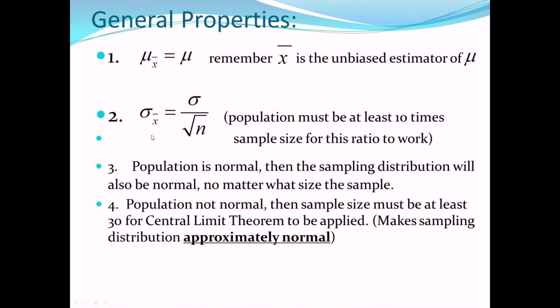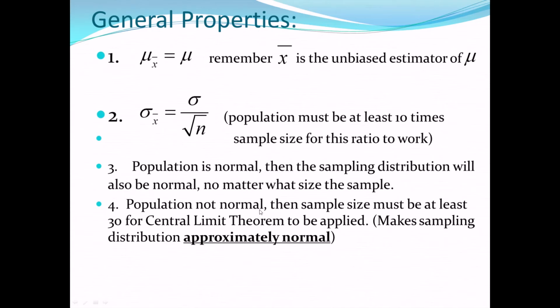So the standard deviation of your sampling distribution is the population standard deviation over the square root of n, so long as this condition holds. Again, if your population is normal, then any sampling distribution you generate from it will also be normal, even if the samples are small, like 2 or 3 or 5 or something like that.